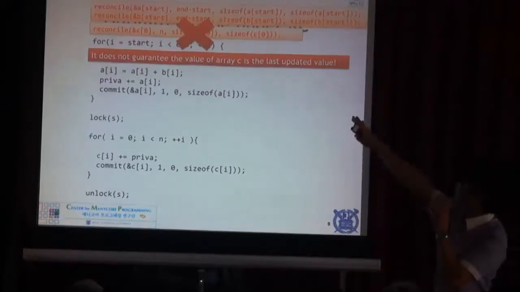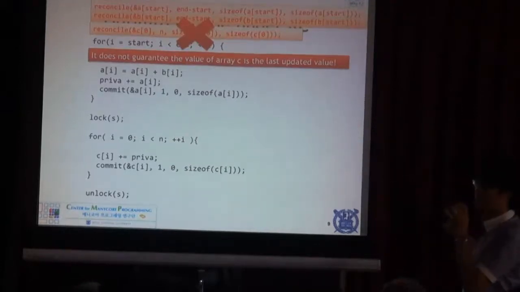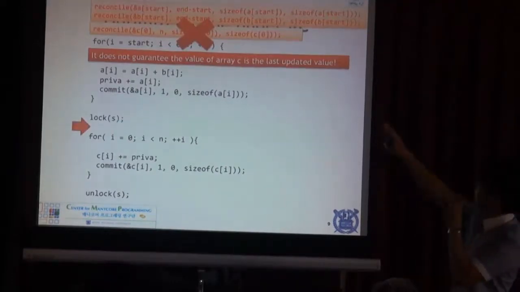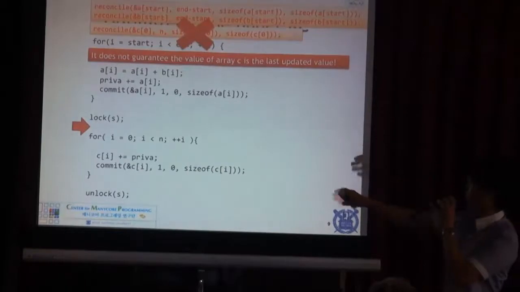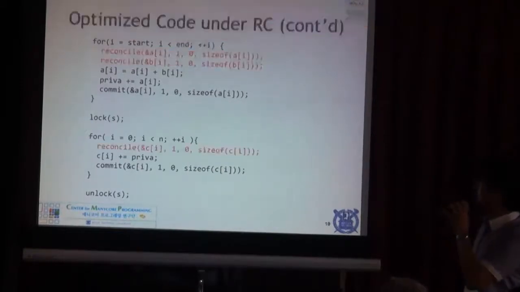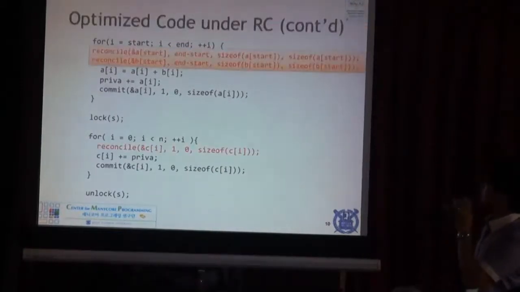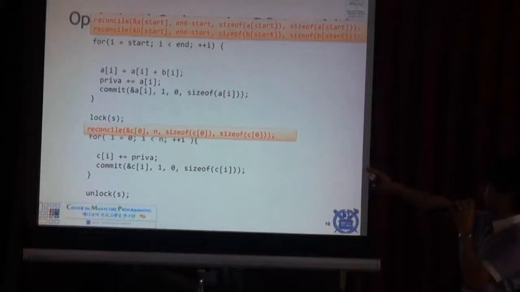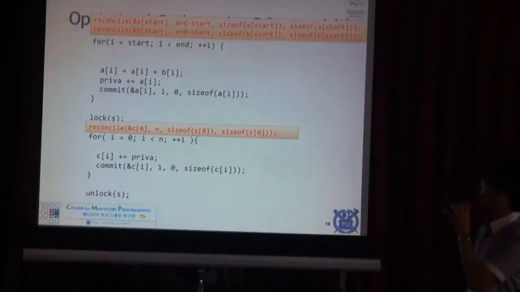Because there is no reconcile operation, core j can read stale data in the local sache. So we have to locate the reconcile operation at that point. So this is the final optimized code. Two reconcile operations are moved to that point. The last reconcile operation is located after the lock.